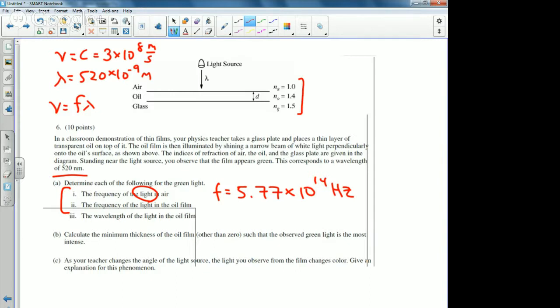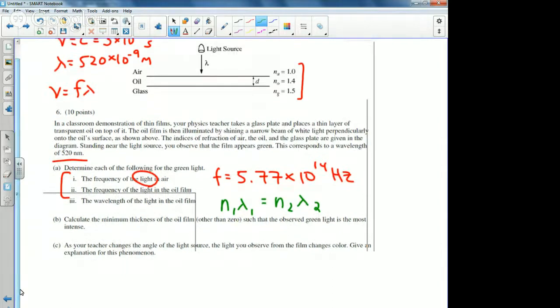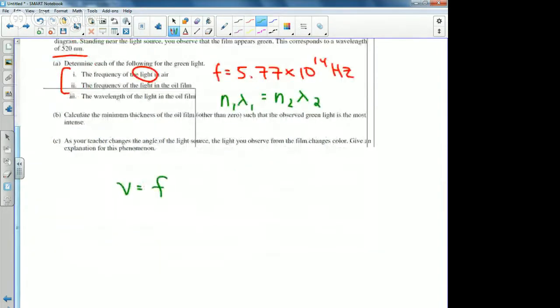Now, for wavelength, you have 2 ways to solve for part 3. The easiest is n1 lambda 1 equals n2 lambda 2. This is not on your reference table, though. Otherwise, you could have solved it by using v equals f lambda again.